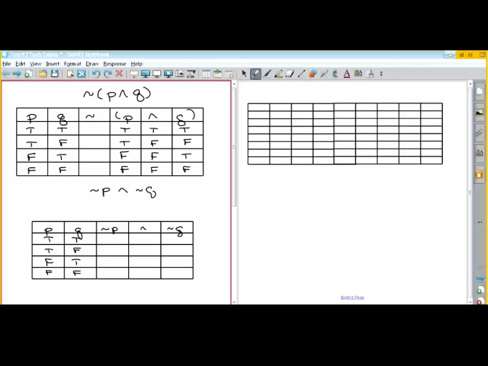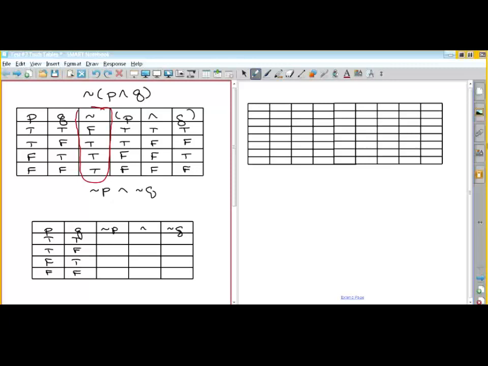Now, to get this column, we're taking the negation of the result of this operation. So this true becomes a false, and these falses become true. That's my answer: this column, the truth values for the negation of what's inside here.